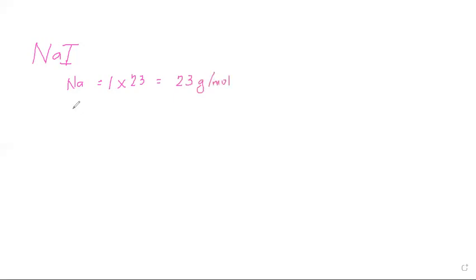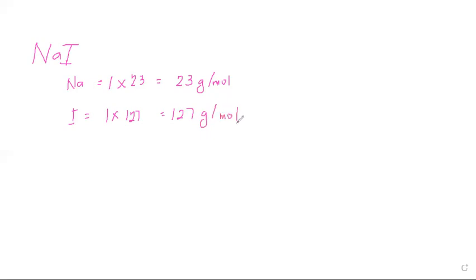And then for your iodine, identifying its molar mass, again, you have one atom multiplied by the atomic mass of your iodine. Where is my iodine? Which is 127. So that would give you 127 grams per mole.